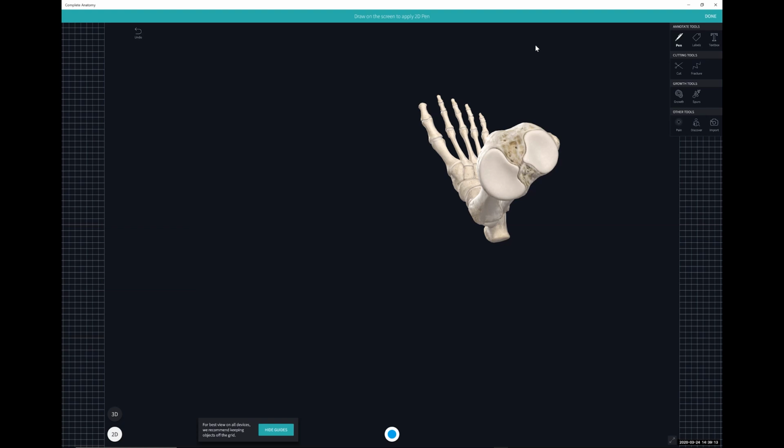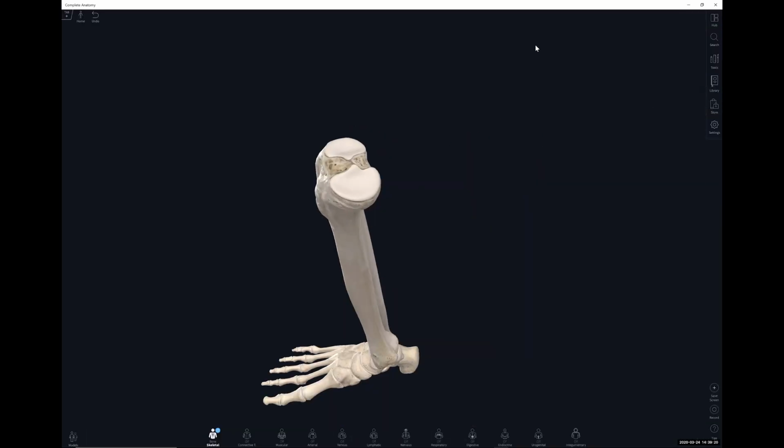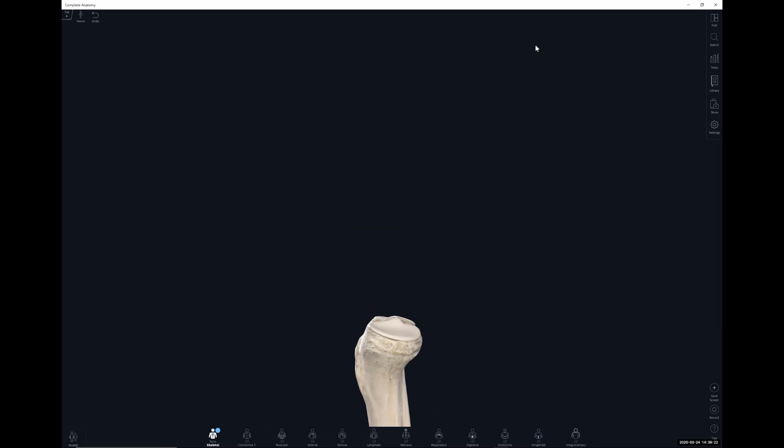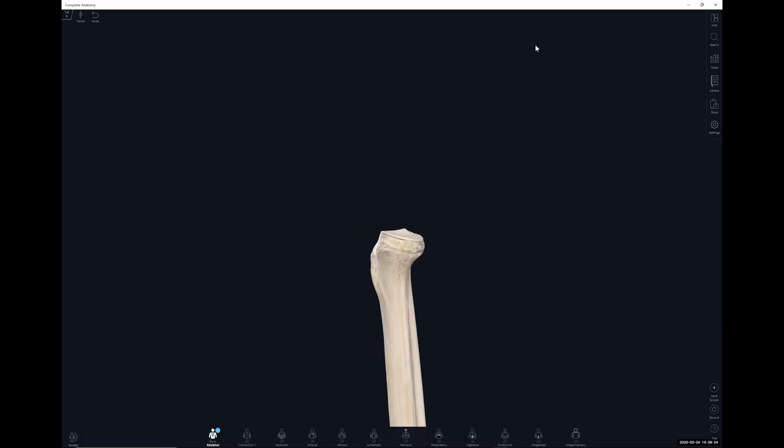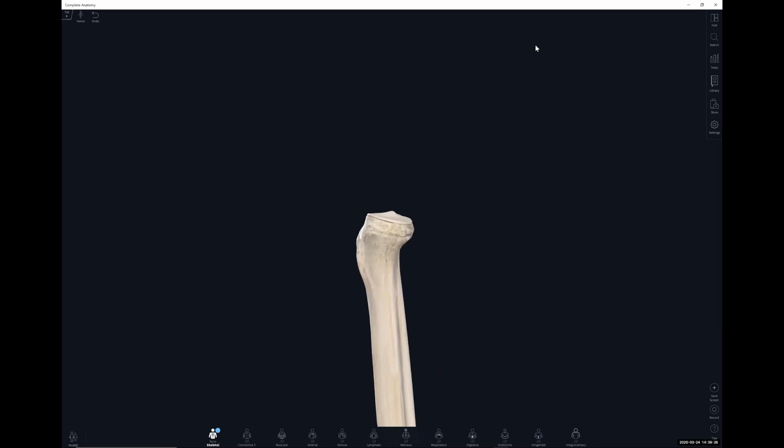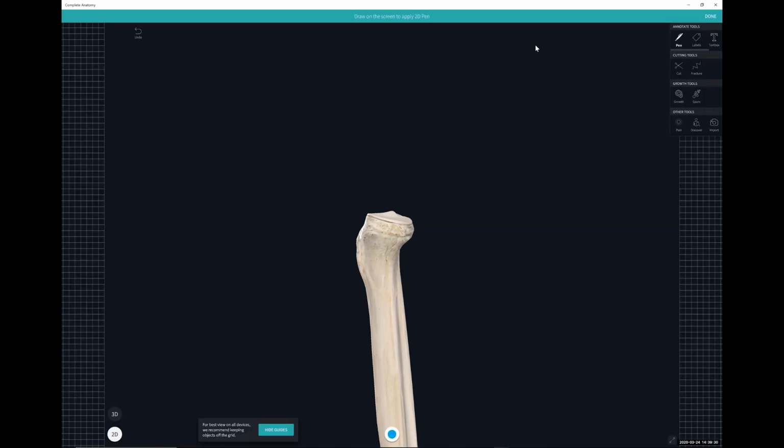If you'll remember, if I flip this back up, when we were looking at our femur came down, it had two condyles.